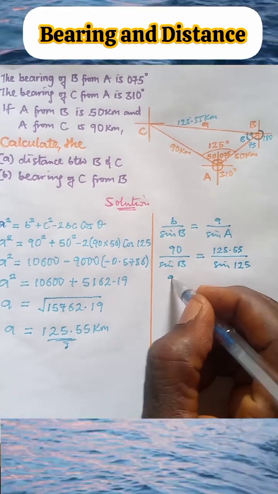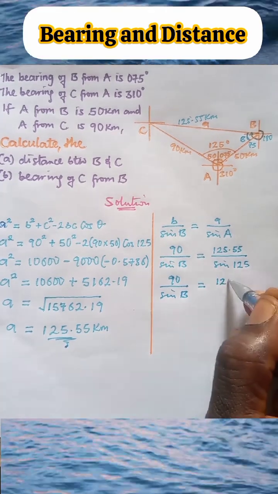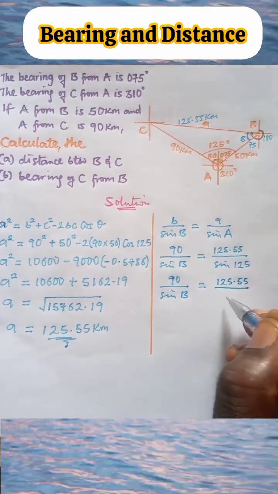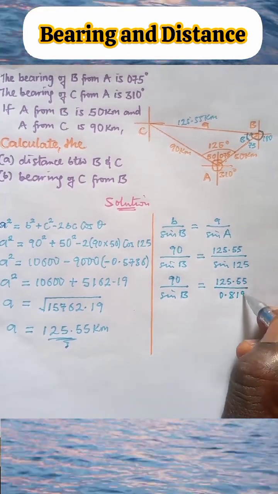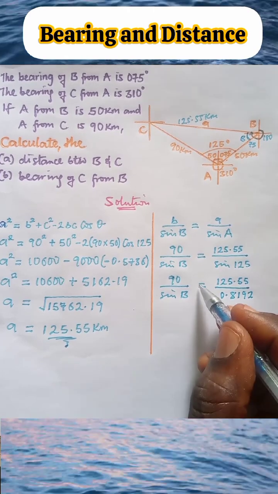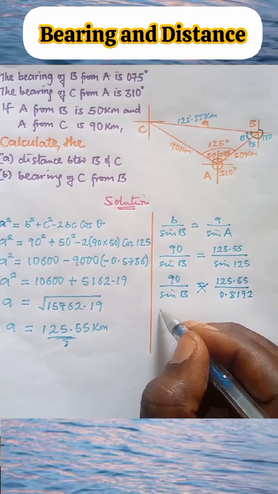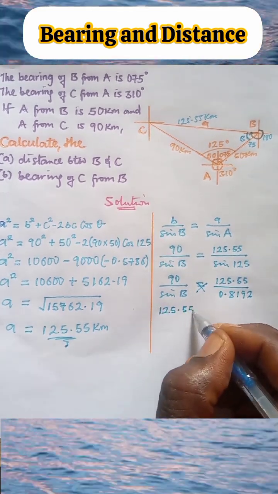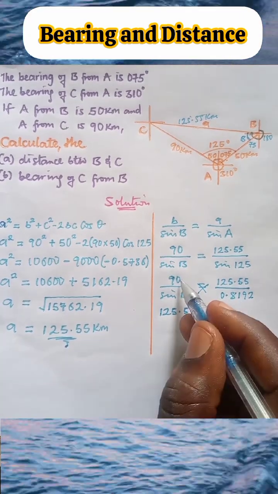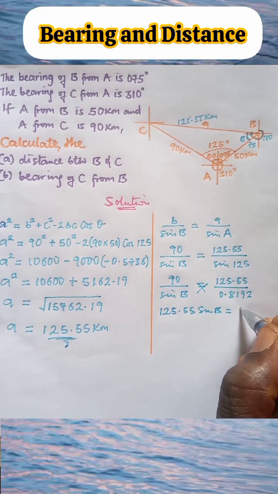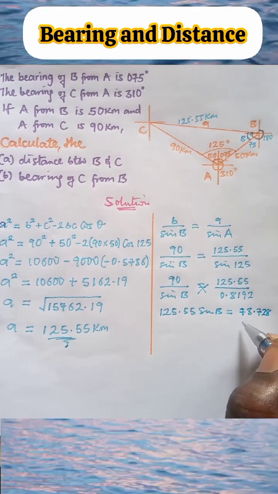We have 90 over sine B equal to 125.55 over sine 125, which is 0.8192. So we are going to cross multiply here, so that 125.55 multiplies sine B, and we have 125.55 sine B equal to, when you multiply this by 90, 73.728.